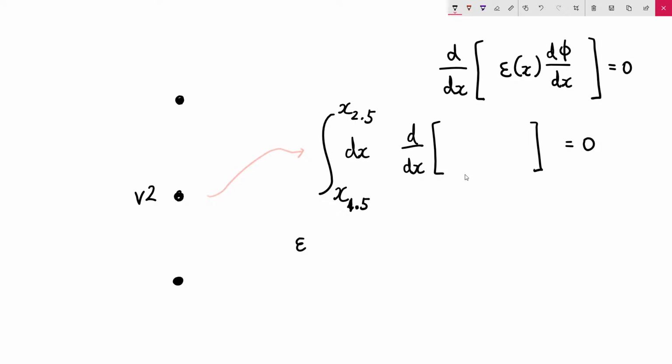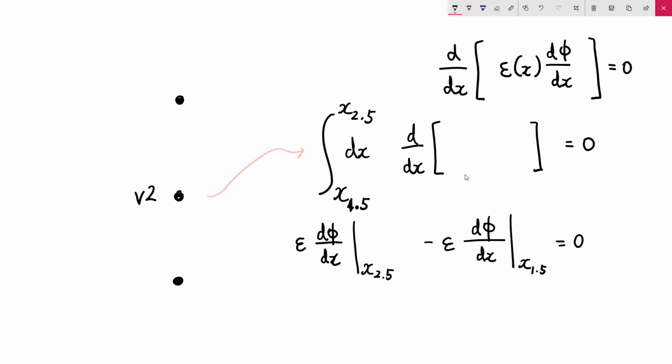Then we can find that we must evaluate epsilon d phi over dx evaluated at x 2.5 minus, yes, I'm just repeating the contents of our previous lecture. However, you can find that that's simple. So when you evaluate it, now we have to introduce discretization.